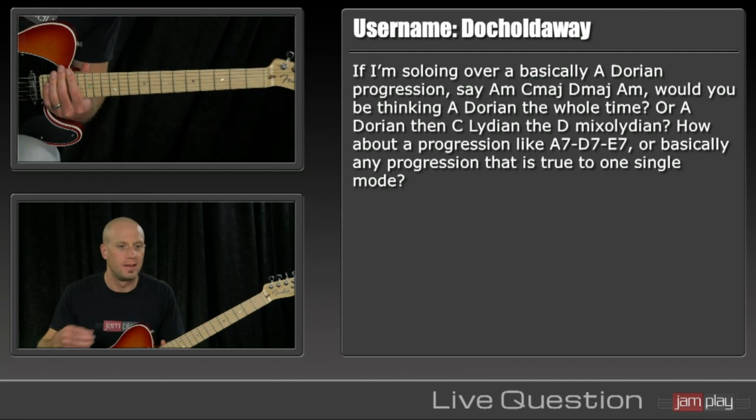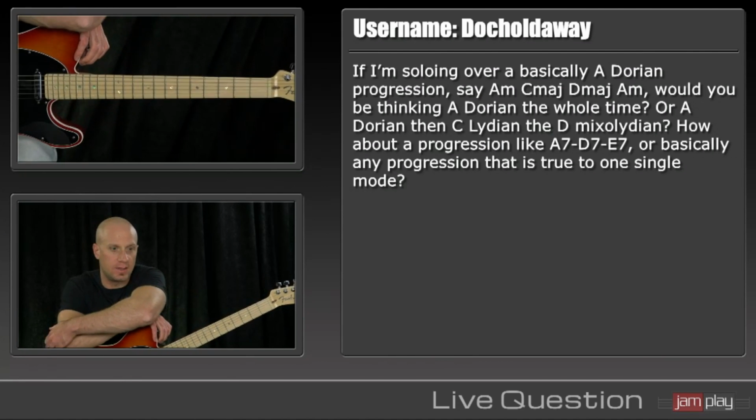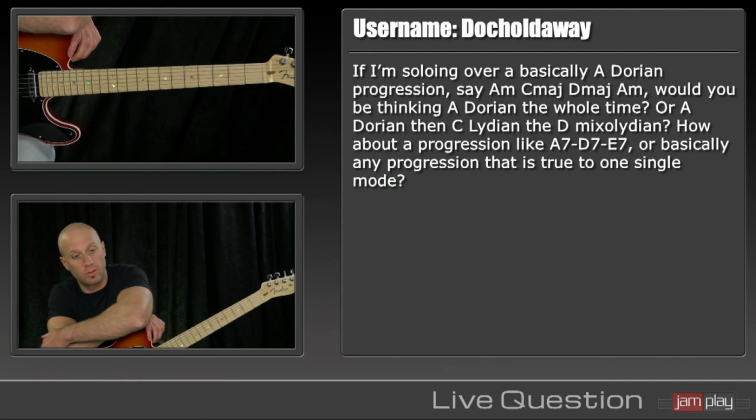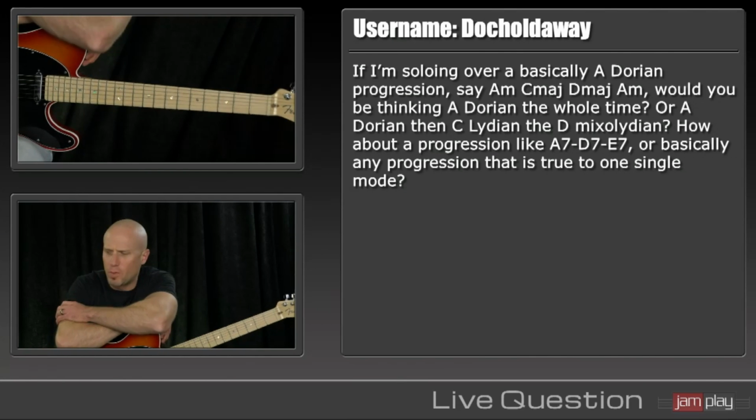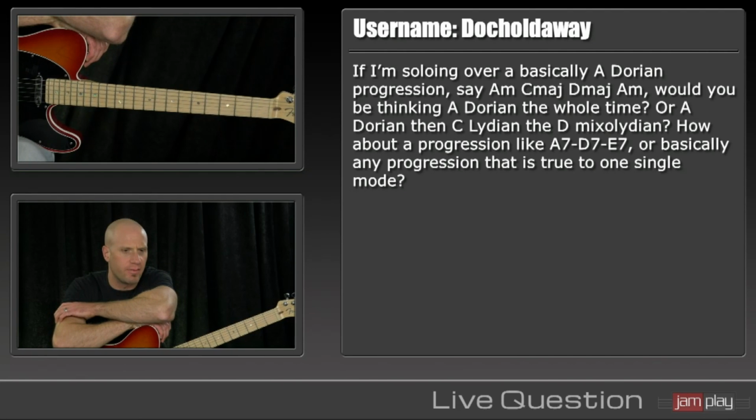And what's even cooler is you can play A Dorian, A Mixolydian, D Dorian, D Mixolydian, or E Dorian, E Mixolydian. And we'll get into that more in a few weeks because it's very, very powerful to think about things that way. So I'll definitely be going over that more, the blues stuff. But you were playing a truly Dorian progression.